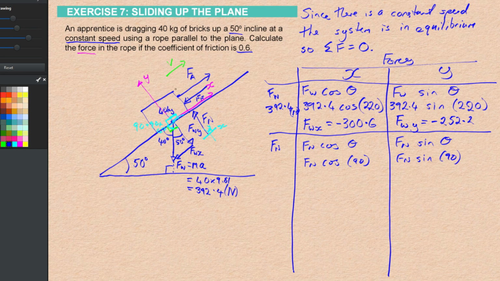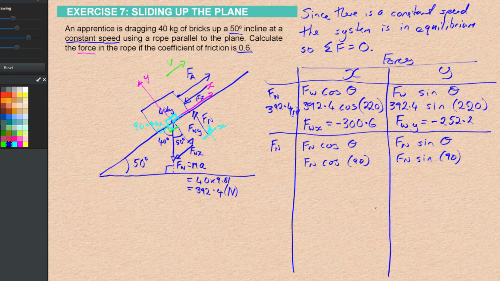She looks at it logically and works out that FA should be equal to FF and the x component of FW, and just does a quick sum there, and that the normal force should be equal in magnitude but opposite in direction to the weight force in the y direction.